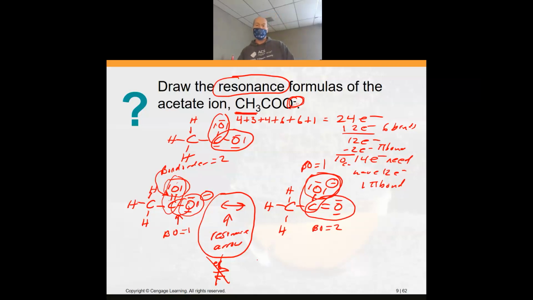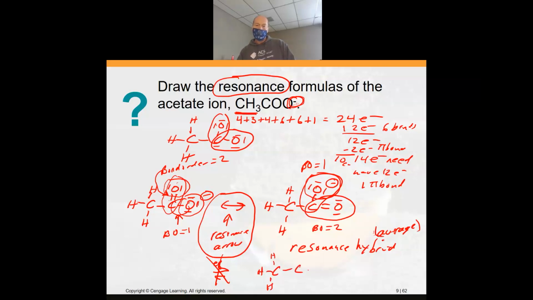And so we're going to have what's called a resonance hybrid. It just means average. So we're going to take the average, resonance hybrid. So the CH3 is exactly the same in both of them. So we just write CH3.